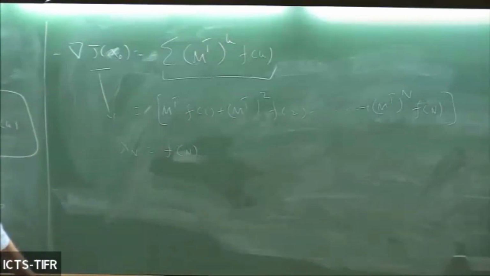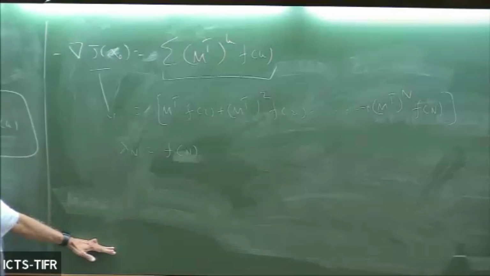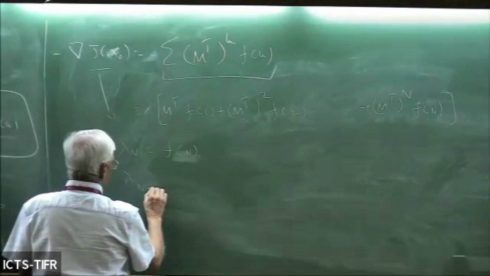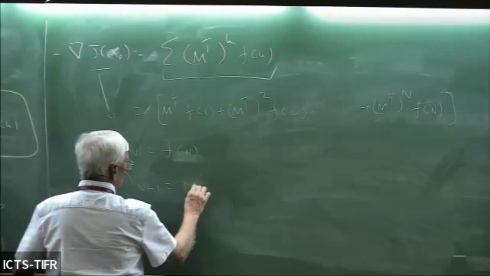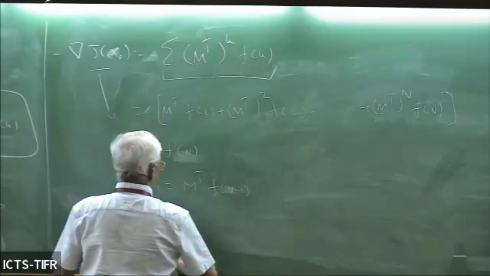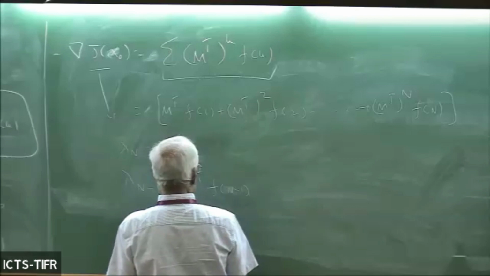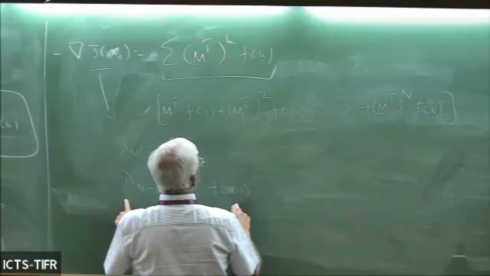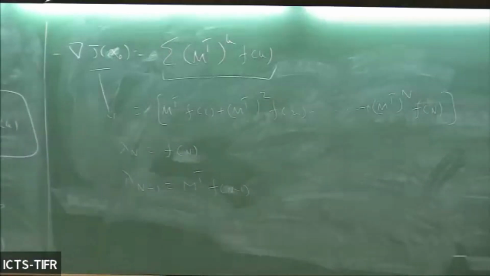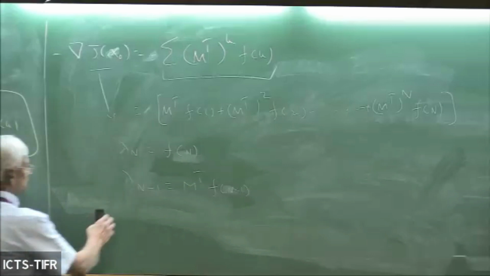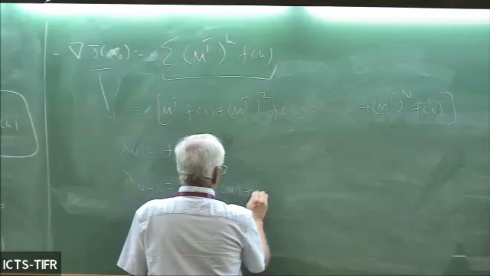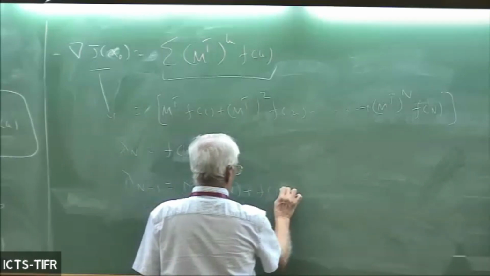Equal to f of n. Okay, I'm going to start a new iterative process. Lambda n minus 1 is equal to m transpose lambda n plus f of n minus 1.